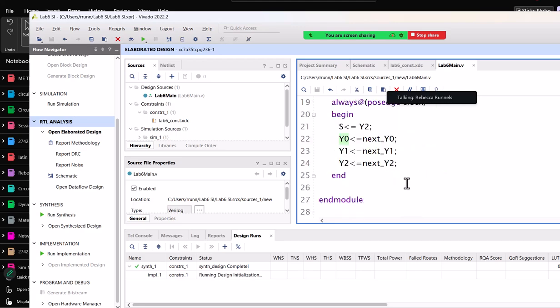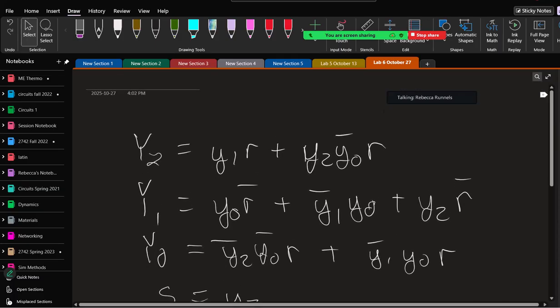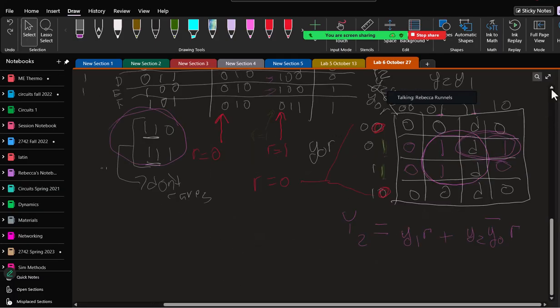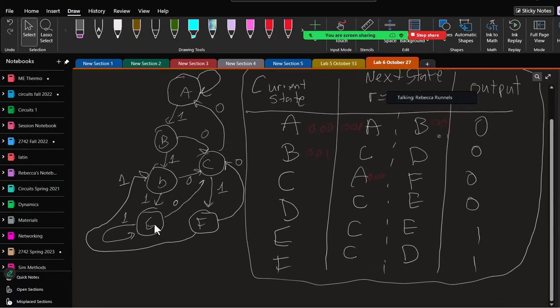Because I don't need anything to change until I get to the end. Here, S is equal to Y2. I want S to equal what Y2 is right now, because if we look at our state diagram, we want to get what S is when we're on these blocks, not when we go to the next block.